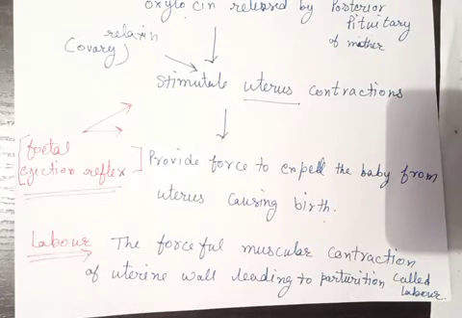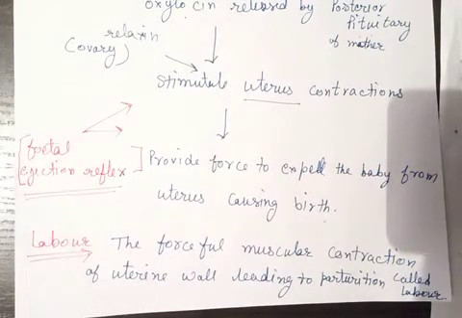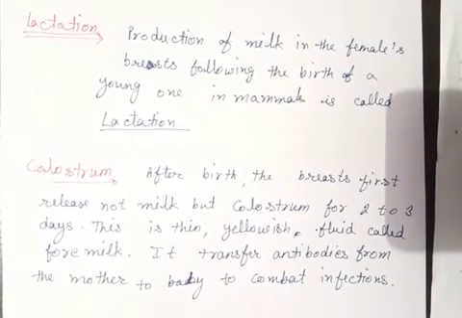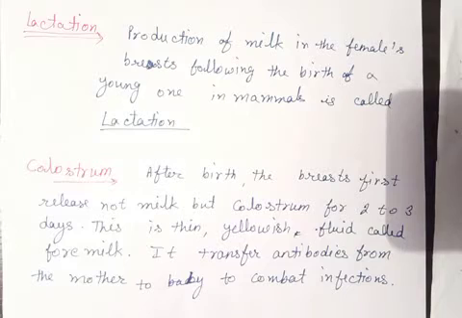Now we will discuss the lactation period. The production of milk by the body for the development of the newly born baby is known as the lactation period. Lactation means production of milk in the female's breast following the birth of a young one in mammals.